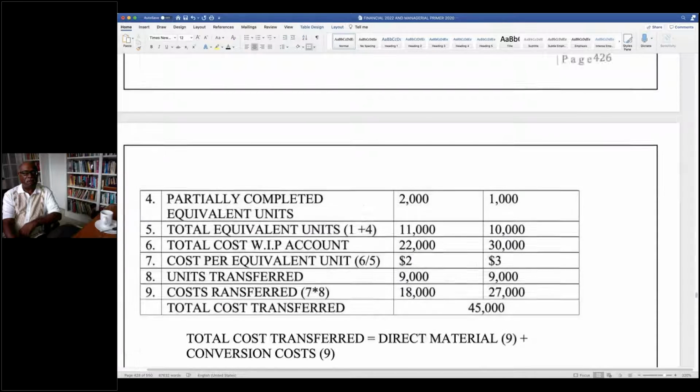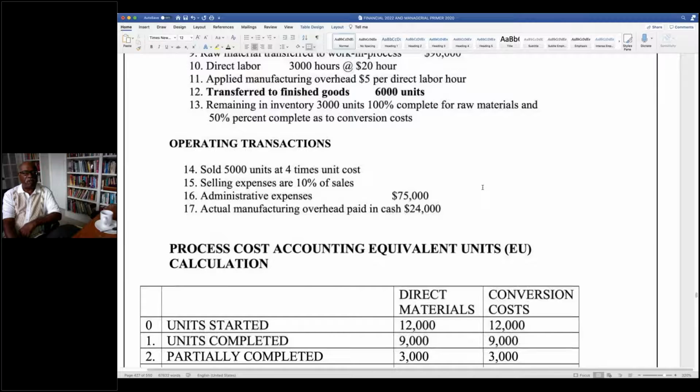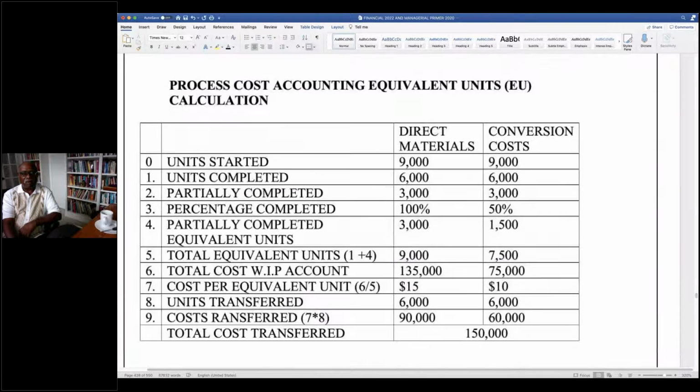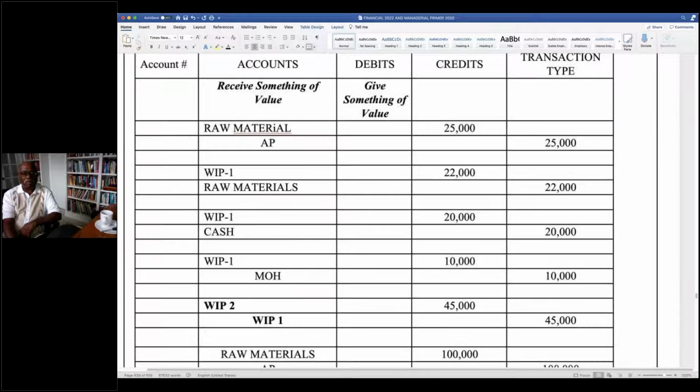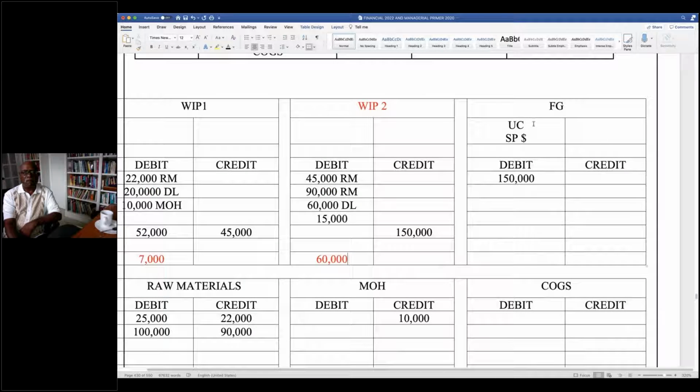The next transaction we're going to do is our sales. They told us that we sold 5,000 units at 4 times the cost, but we first have to figure out what our unit cost was. To figure that out, we go down to the finished goods T chart. There was 6,000 over there, correct?